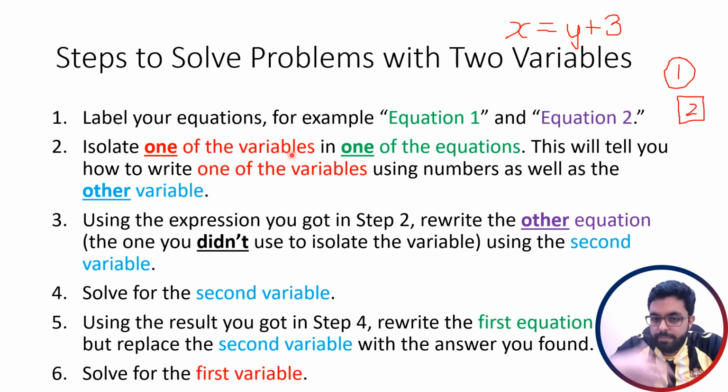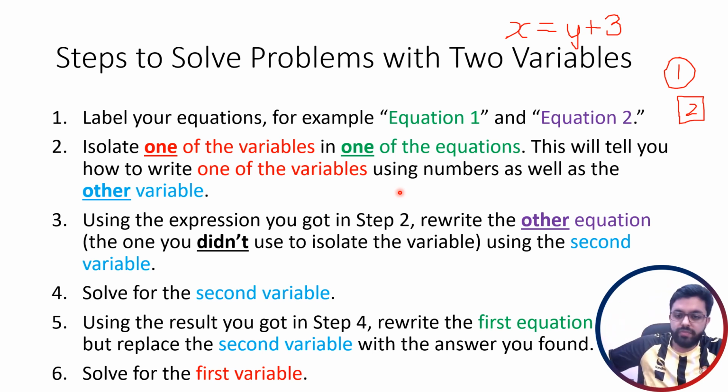So if you isolate x through one of the two equations, that tells you how you can write x using other stuff: using numbers, using the other variable, using anything that isn't this variable itself, right? So if you isolate x, that tells you how to write x in terms of y, in terms of numbers, in terms of anything that isn't an x.